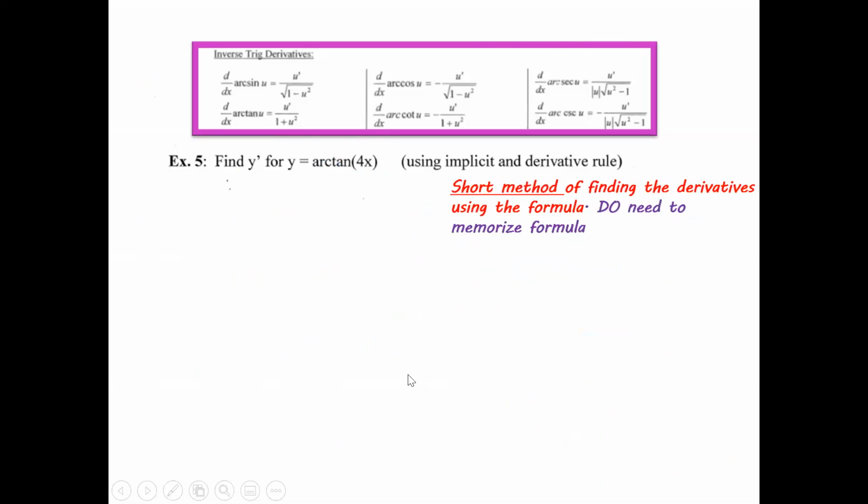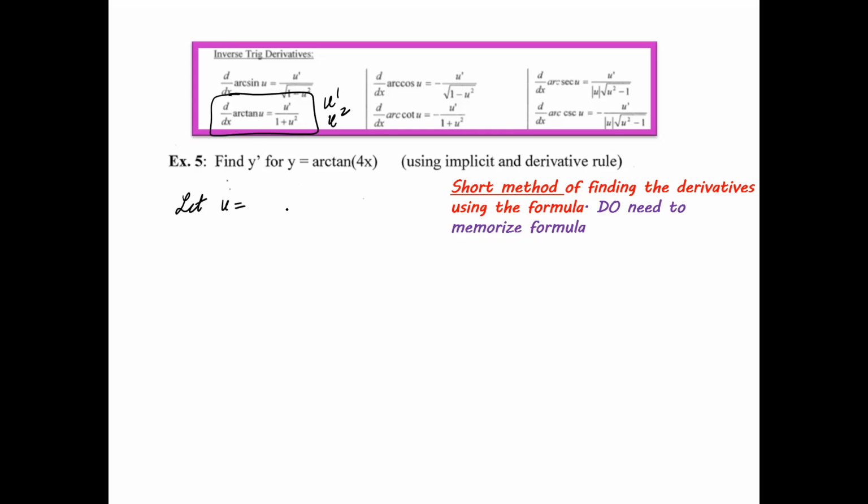If I were to do the short method for this, you would have to memorize the formula, unfortunately, and it's like adding 6 more to your current list of things to do. I personally just prefer not to add any more, and I would just go the long way. This is a shorter method, so you do need to memorize the formula. So again, this is the same example. It's for arctangent. Notice you need a u prime and a u squared. So it's going to be pretty simple.